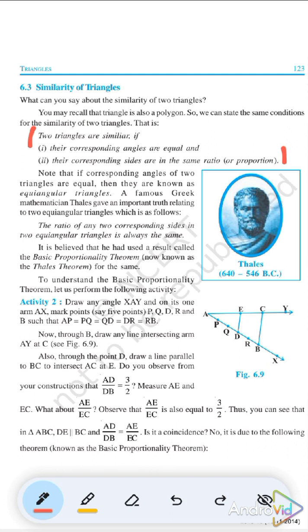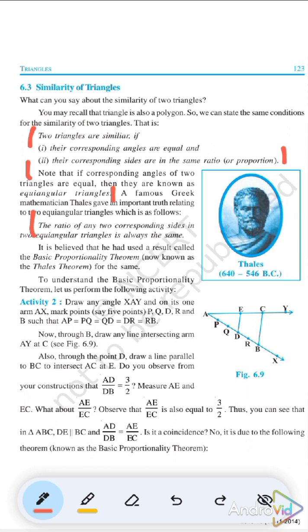And please note that if corresponding angles of two triangles are equal, then they are equiangular triangles. And Thales, who is a famous Greek mathematician, gave a very important truth relating to two equiangular triangles. The statement is: the ratio of any two corresponding sides in two equiangular triangles is always the same.